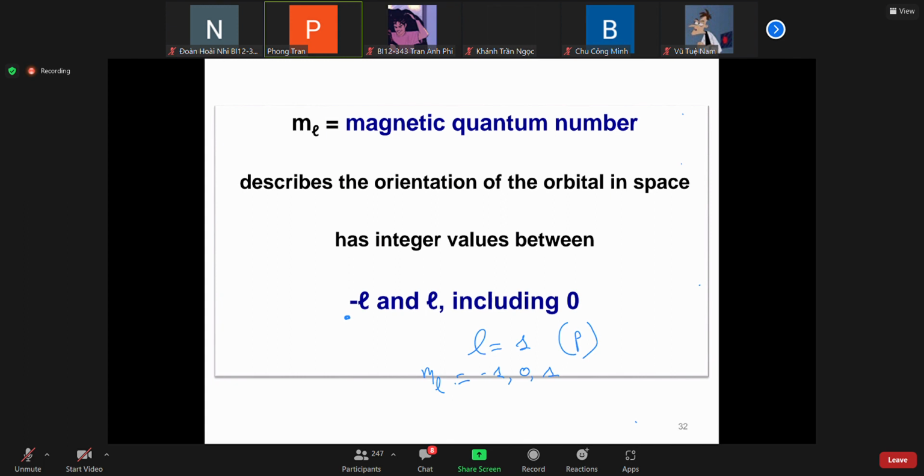So that means the p orbital can have 3 different orientations. If you have L equal to 0, that means an s orbital, you have ML equal to 0. So that means the s orbital has only one orientation. You will see the shapes later.